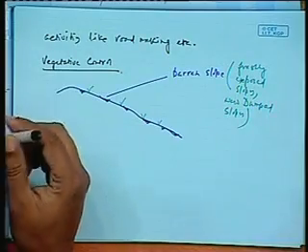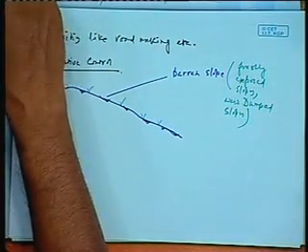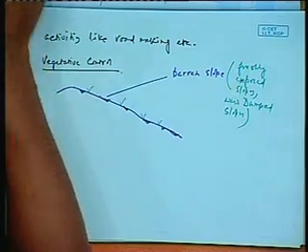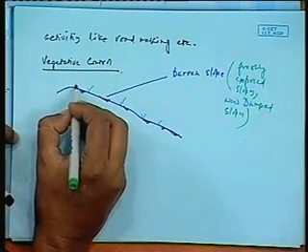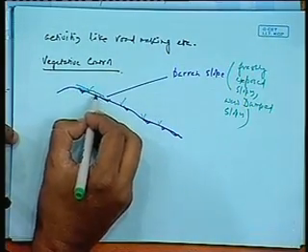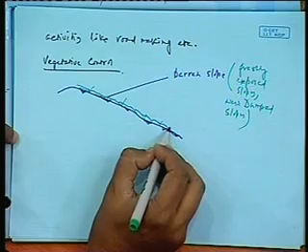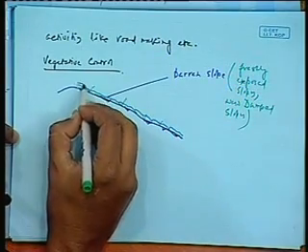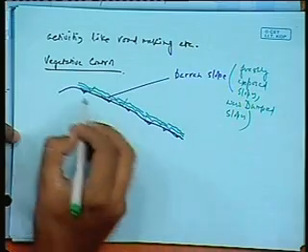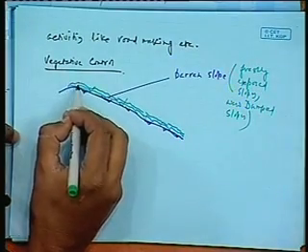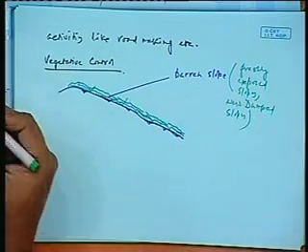In such cases, what we generally try to do, as we have talked about earlier, is spread some vegetative material on the surface of the slope. What are these vegetative materials? Depending on the availability and the requirement, we generally spread vegetative material.